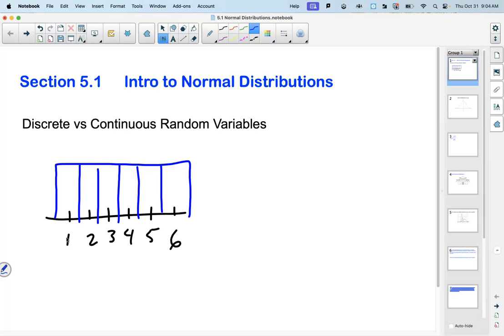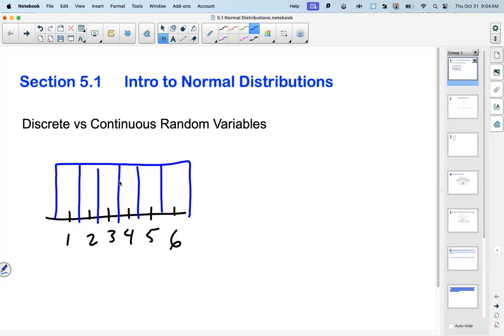Okay, because somebody could run it in 4.85 seconds, somebody could run it in 4.849763 seconds, right? Part of it is just how close or how good your measuring tool is. It's a continuous random variable, and our histogram is not going to work quite so well like it is here. Here I can say, what's the probability you roll a 3?